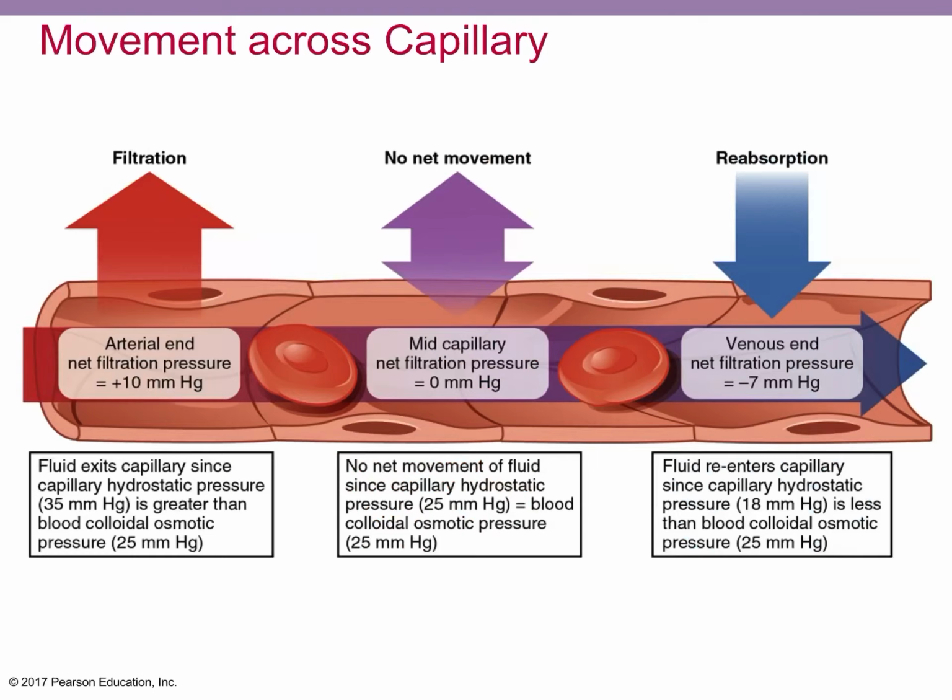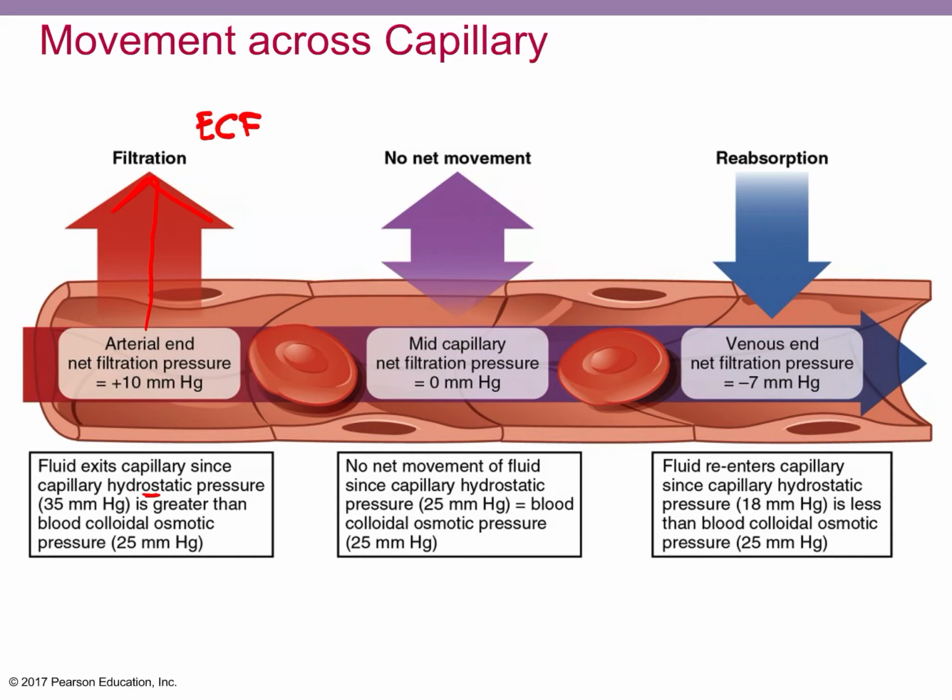So at the arterial end, what happens is the fluid pressure is higher than the osmotic pressure, and so the fluid is going to exit the capillary since that hydrostatic pressure is going to be greater than the osmotic pressure. So there's a net filtration happening. So fluid leaves the capillary at the arterial end and contributes to the extracellular fluid.